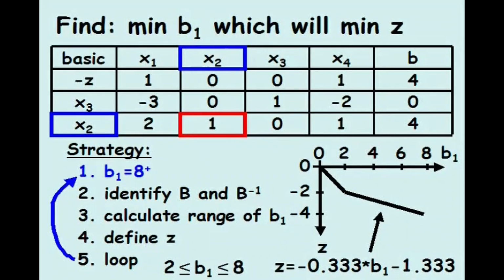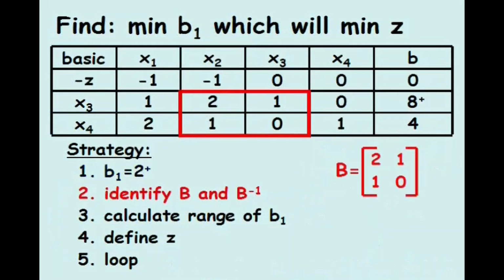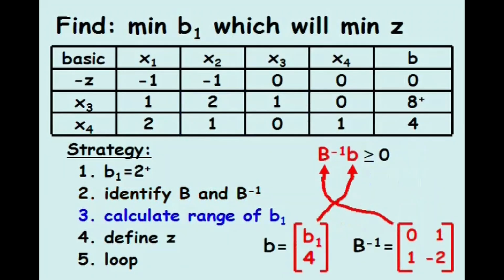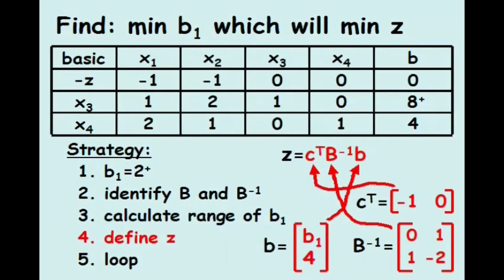Variables x2 and x3 are basic, and that makes the b vector equal to 2, 1, 1, 0, and matrix B inverse equal to 0, 1, 1, negative 2. This time, the range for B1 is all values at least 8. Solving for z, we learn z equals negative 4.